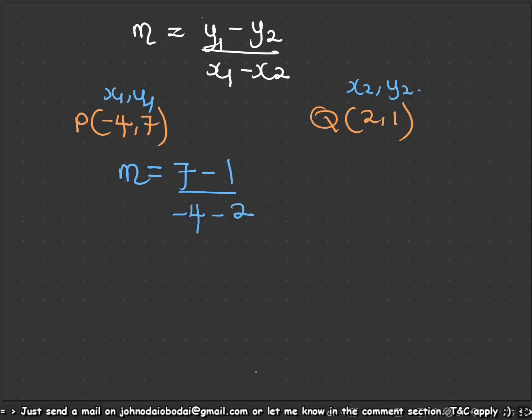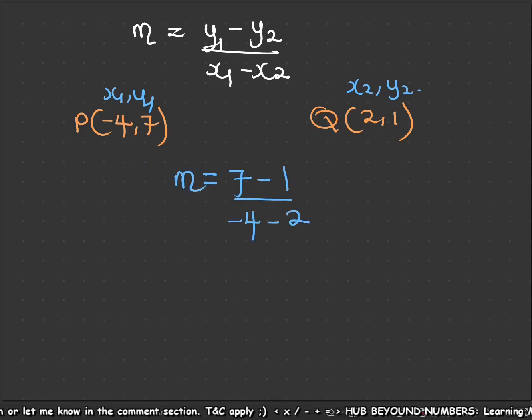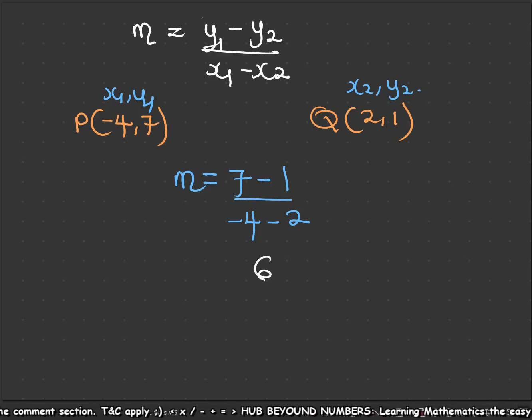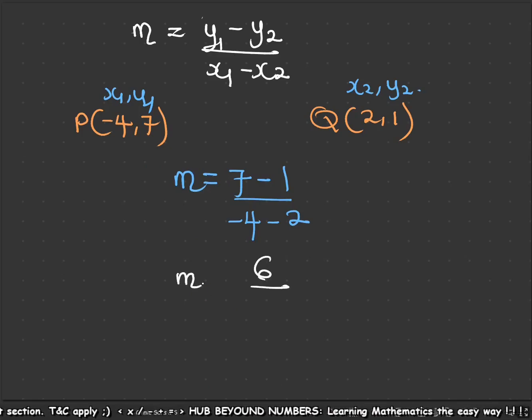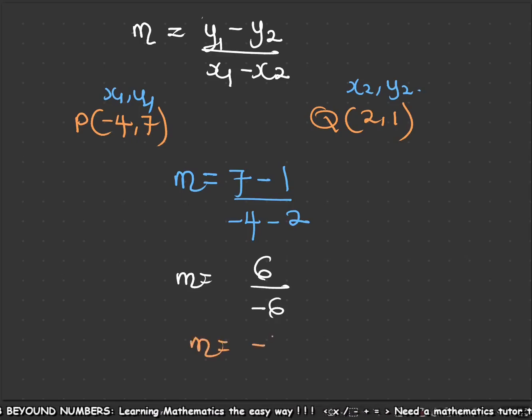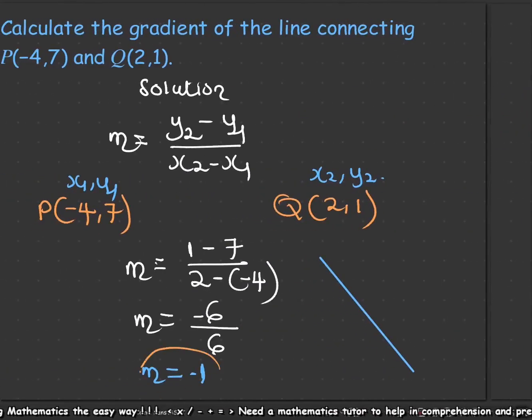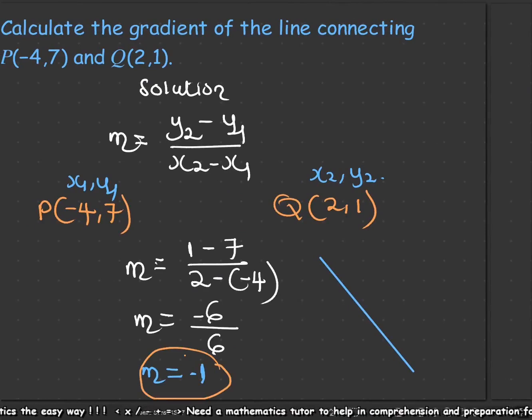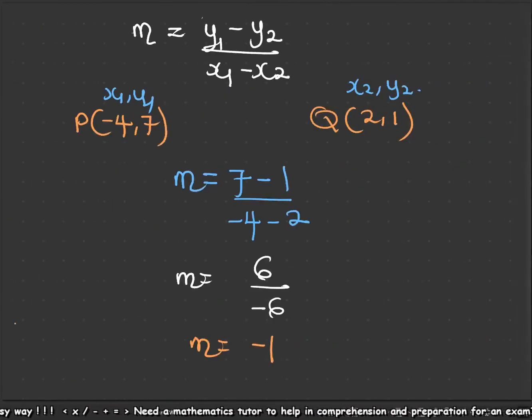You see, so evaluating that, we are then going to get 7 minus 1, which gives us 6, all over -4 minus 2, which gives us -6. So we can say our m then is equal to -1. That is 6 over -6, giving us -1, which is the same as what we had over here. So be consistent with your formula.